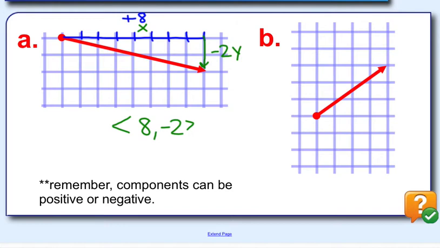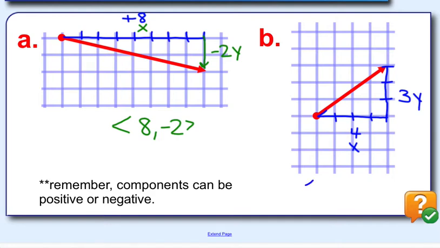All right, let's do one more example over here. So we have our vector in the red, and we want to cut across and count 1, 2, 3, 4. So that's going to be your x of your component. And then we go up 1, 2, 3 in a positive direction on your y.